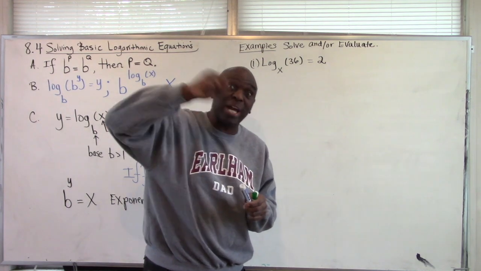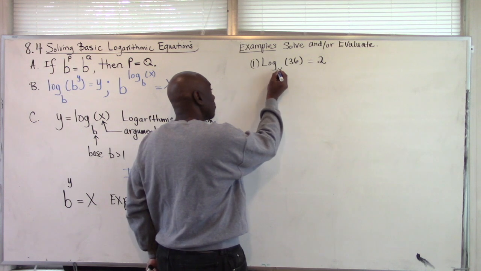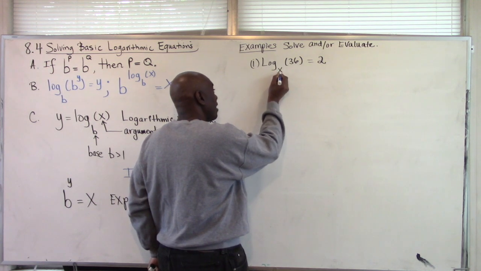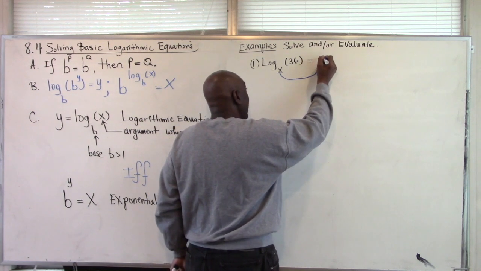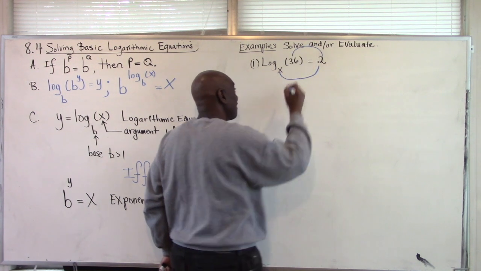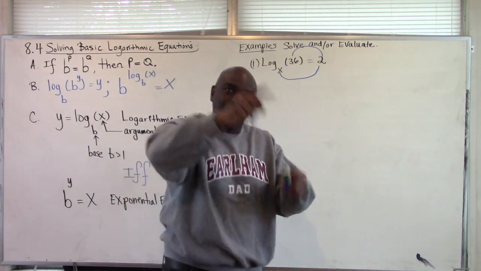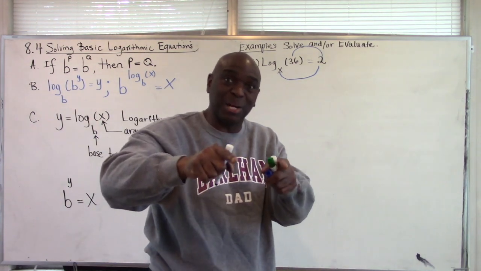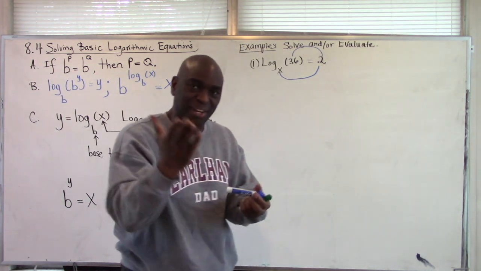Here's the base. The base is x. Start at x and then just make a circle and go around like that. You go around, because the wheels on the bus go round and round. Here's how you write it. Look.